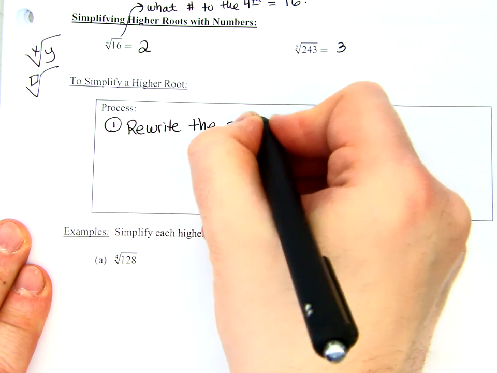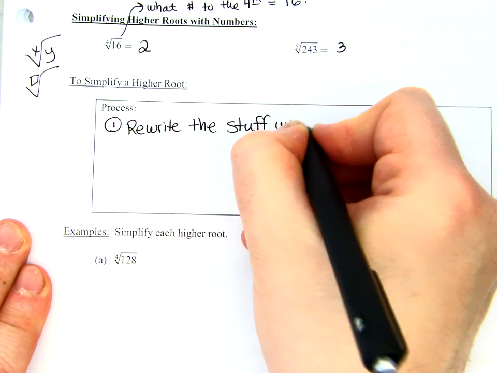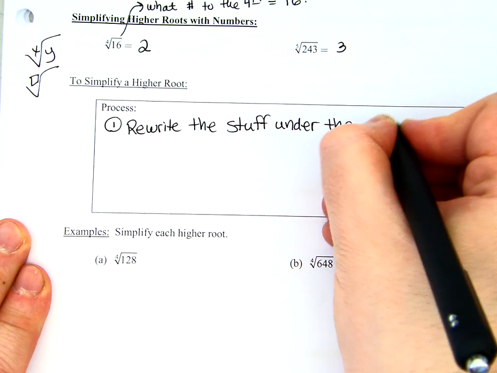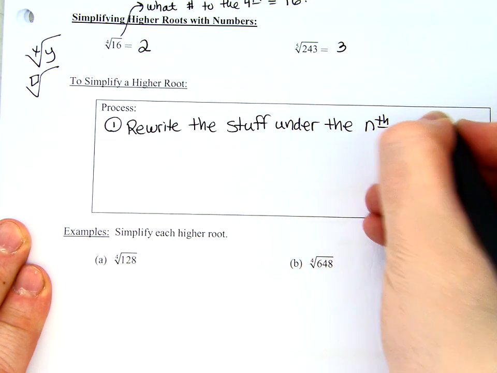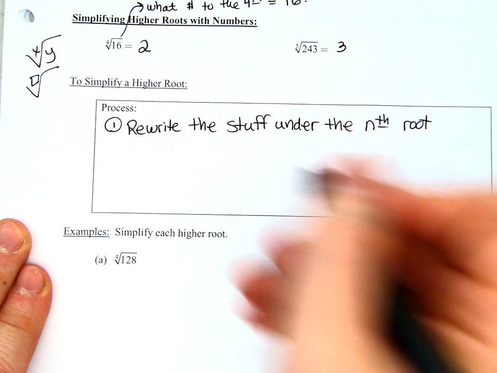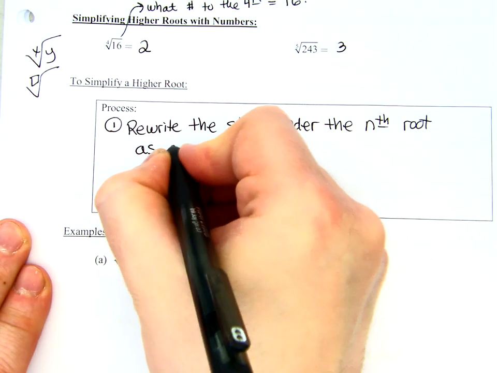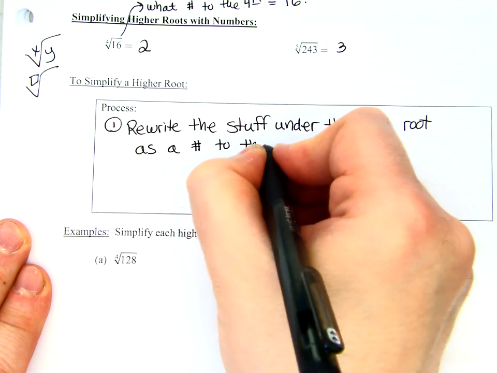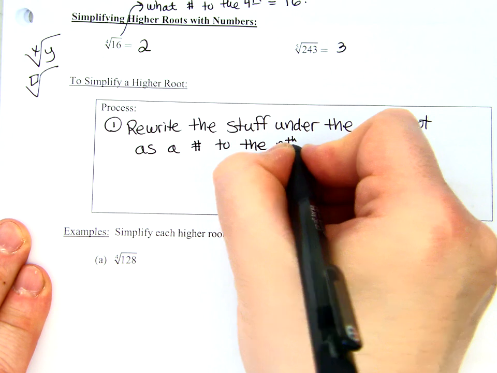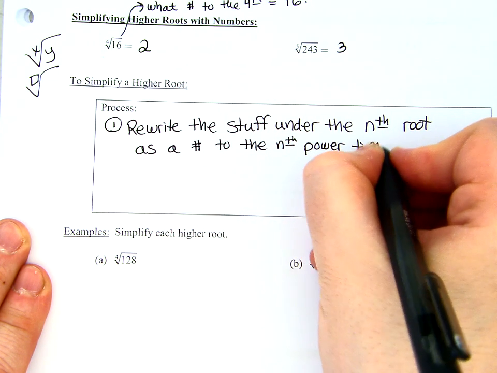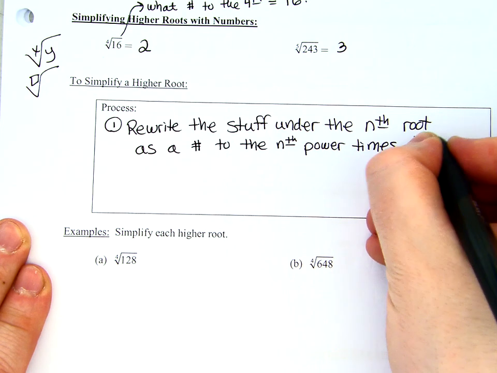Rewrite the stuff under the nth root as a number to the nth power times whatever the leftovers are.